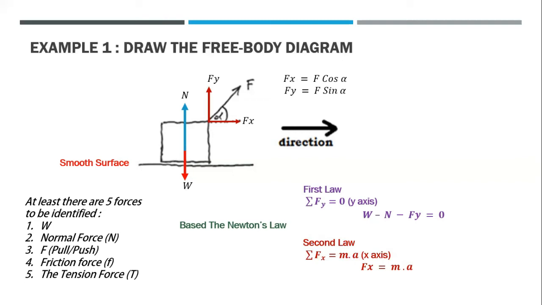And as we know the direction to the x-axis, we can write here that Fx equals m times a. Look at the diagram. For the x-axis, there is one force, Fx, but there is no opposite of Fx. So only a single Fx lies on the x-axis. So that's why Fx equals m times a.